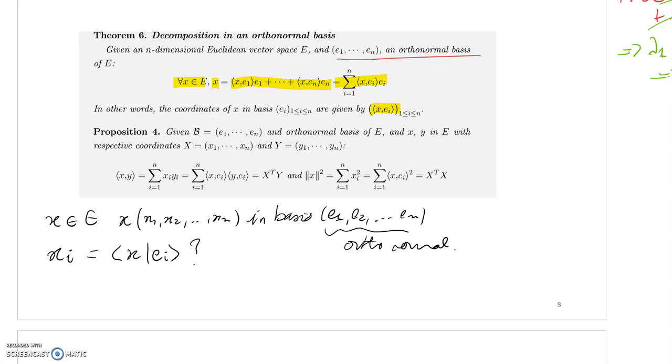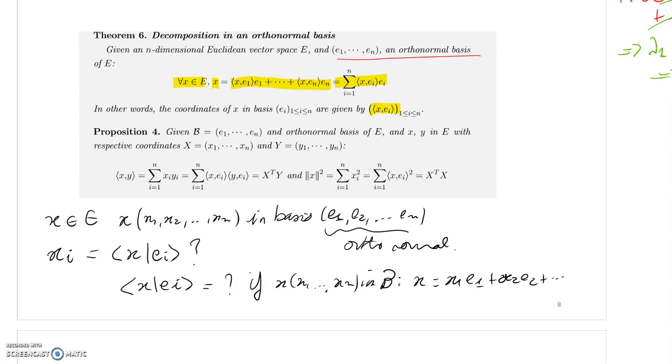Let's start from that. What is really x with ei? If x has coordinates x1, xn in that basis, it means really that x is written as x1 e1 plus x2 e2 plus xn en.